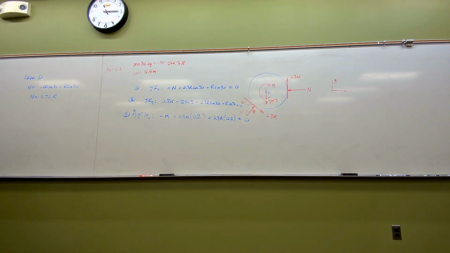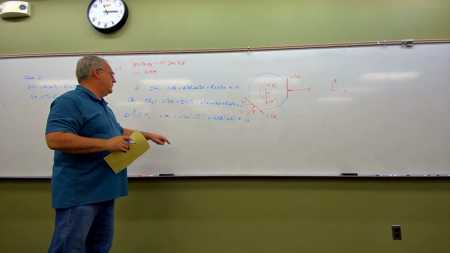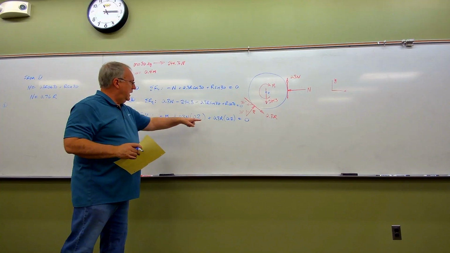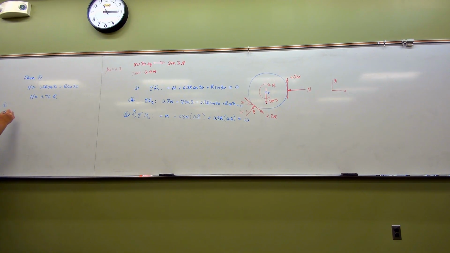So from that, if we substitute this into equation 3, in other words, I'm going to now substitute n is equal to 0.76r, now I'm going to have m as purely a function of r. So by the time I get done with that, I'm going to have m is equal to, by the way, 0.3 times 0.2 gives us 0.06.